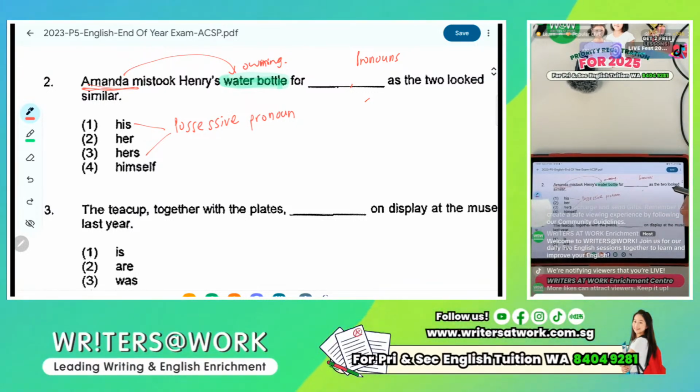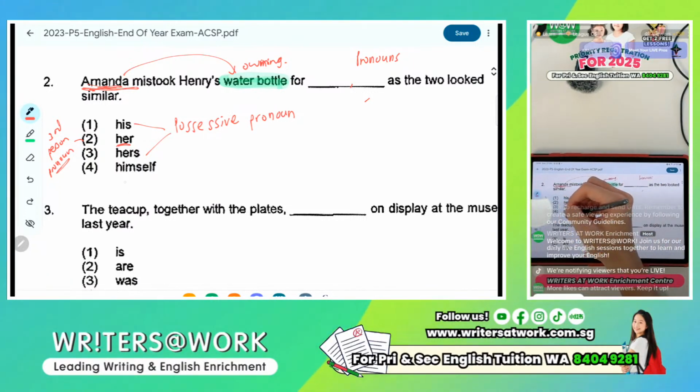On the other hand, her and himself. Her is a third person pronoun. This means that you would replace the noun, for example, the girl, or Amanda or Sally, with this personal pronoun here. Okay?